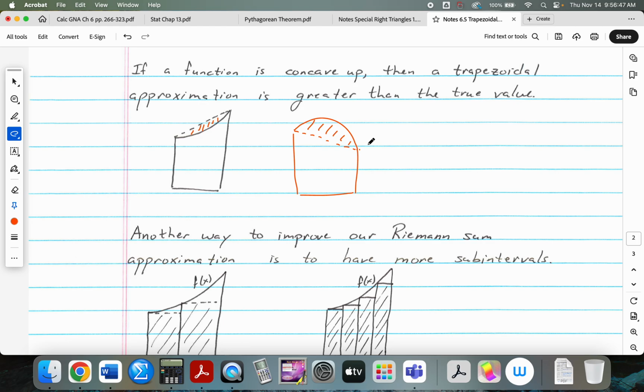What it actually ends up doing is it fits a quadratic to these 3 points. So it fits a parabola to those 3 points, and then finds the area underneath that parabola, is what it in essence does.